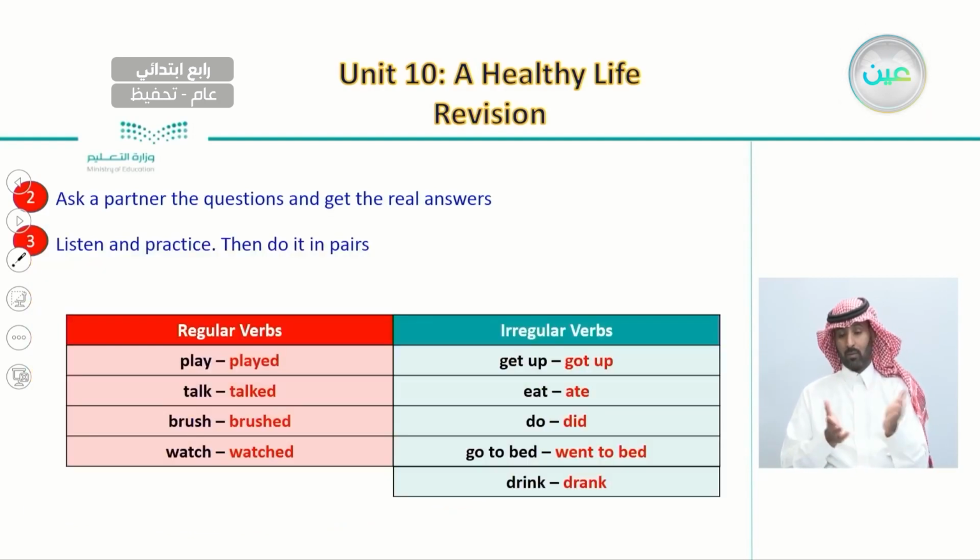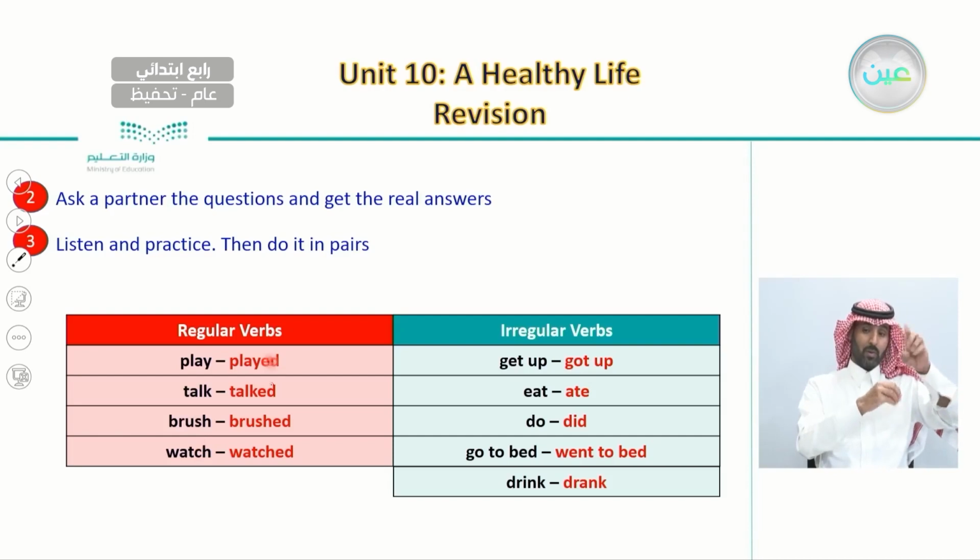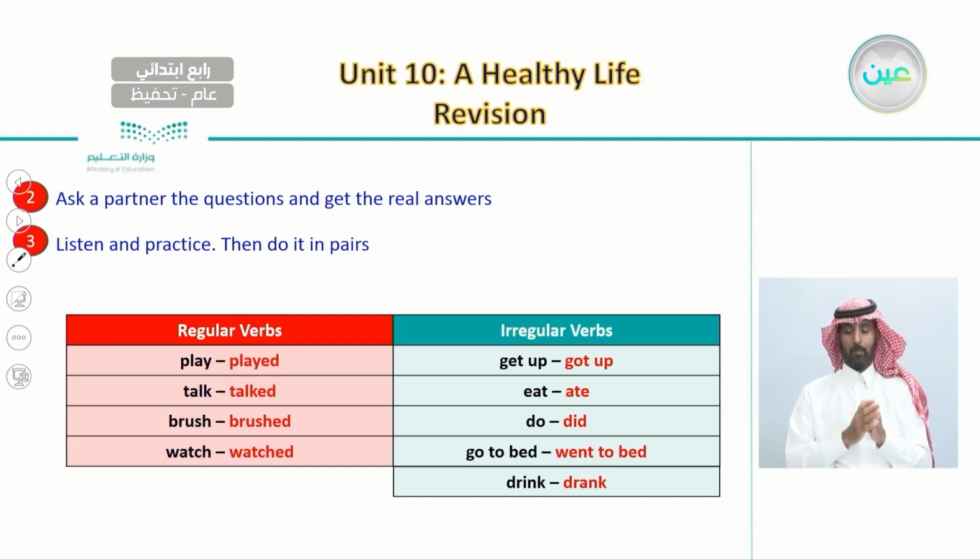And after this, we gathered all of the verbs that we practiced and we put them into two categories or two columns. The first one is for the regular verbs, where we use the verb and add ed to it, like play, played, talk, talked, brush, brushed, watch, watched.